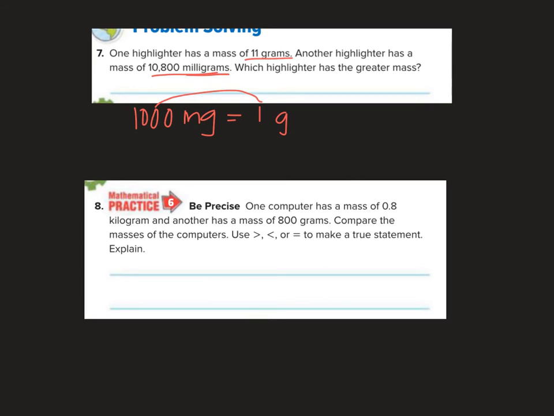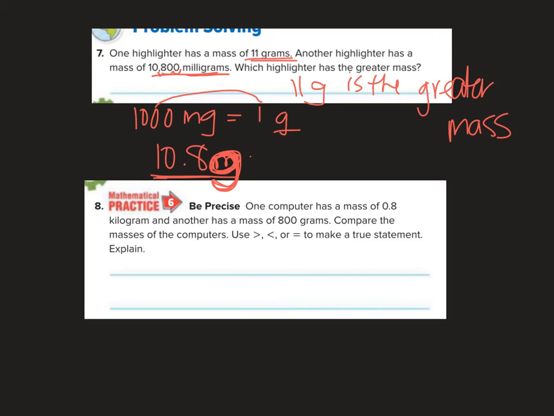So to change this milligram into a gram, I'm going to divide by 1,000. 1, 2, 3. So I'm going to get 10.8 grams, right? Because I changed it to a gram. So now I'm comparing 10.8 grams and 11 grams, right? 10.8 is not quite 11, so 11 grams is the greater mass.